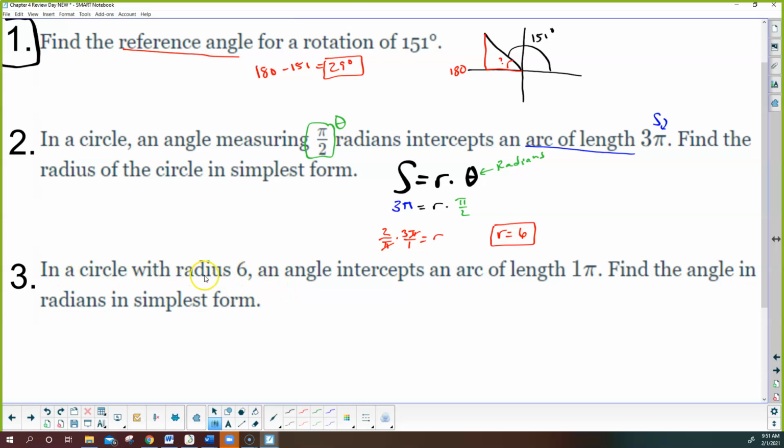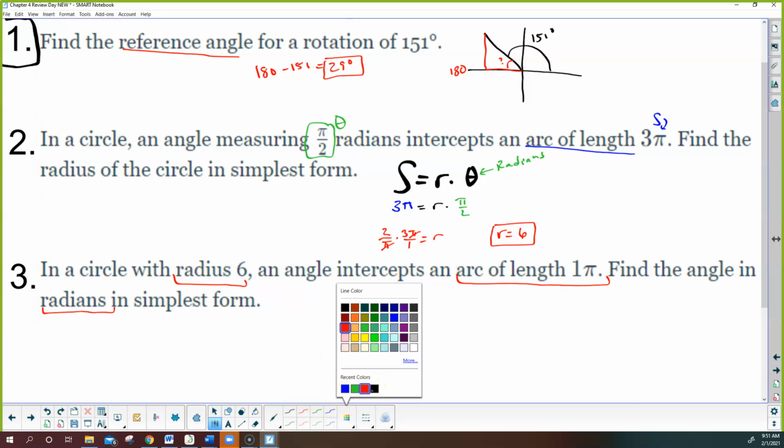It says the radius is 6, and the angle intercepts the arc. So now they give us the arc length. So now we have to find the angle in radians. You got to make sure pi is in your answer for that one. So I'm going to say S is equal to the radius times theta, and we know that arc length is 1 pi.